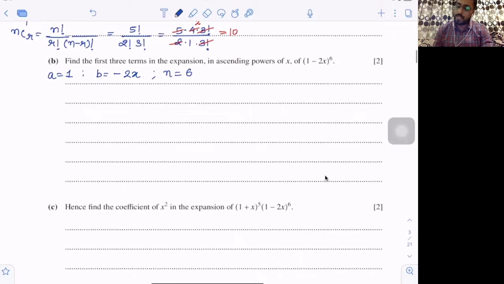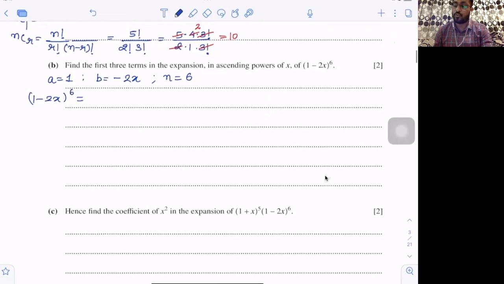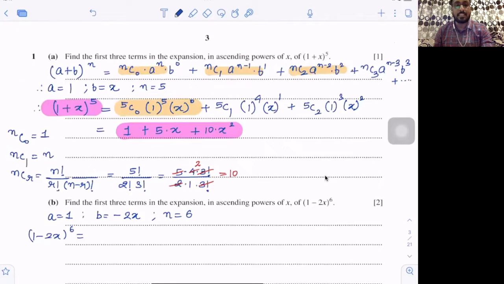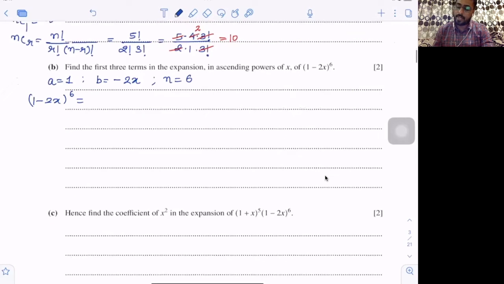So I can write 1 minus 2x whole to the power 6 as equal to, and you very well know the formula, nC0 a raised to n b raised to 0. So n is 6, so I write here 6C0, a is 1 raised to 6, b, which is minus 2x raised to 0. That's my first term.